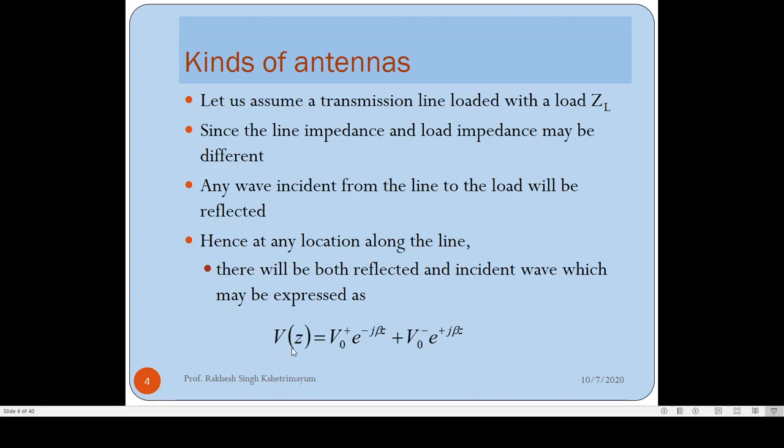At any location z, the voltage in the transmission line can be represented as a combination of a wave propagating along the positive z-axis and another wave propagating along the negative z-axis. The amplitude of the wave propagating along the positive z-axis is B0 plus, and the amplitude of the wave propagating along the negative z-axis is B0 minus.